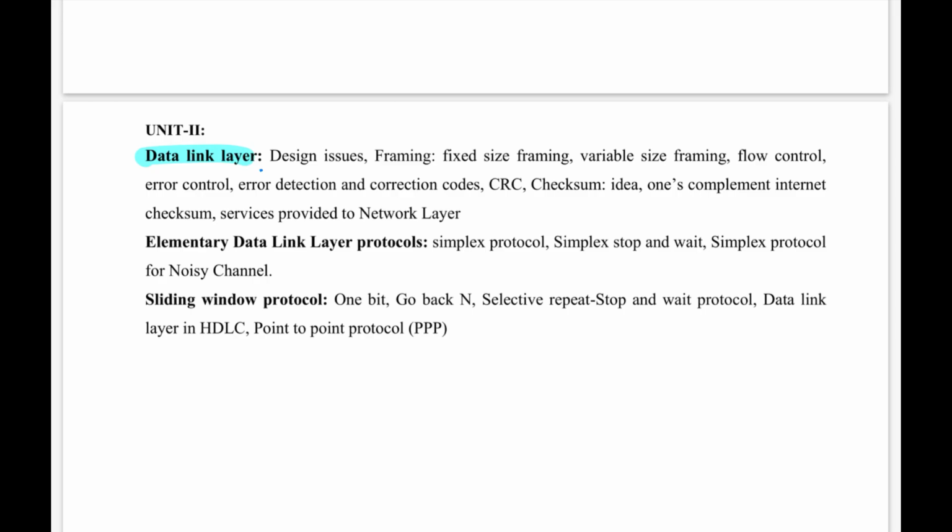This data link layer sits between the physical and network layers.